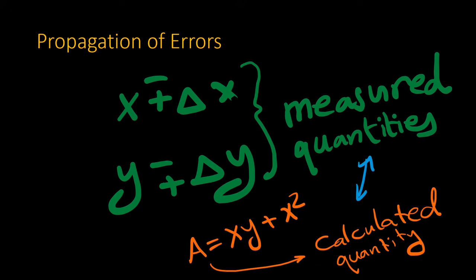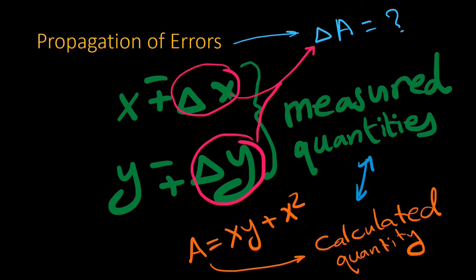So, to calculate a, it's very simple. It's simply x times y plus x squared. Very easy. However, how would I find the uncertainty in a? Now, the propagation of errors answers this question for you.